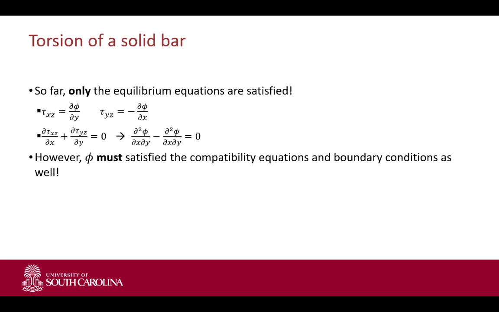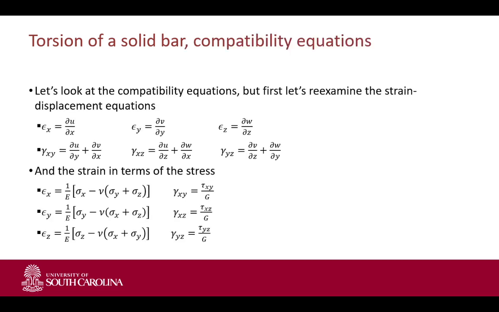So we get basically the same thing as what we had for the Airy stress function, but applied to torsion. And to do so, we can look back to our compatibility equation, our stresses and strains. If we look back at our strains, for example, we know that strain in x is defined by the partial derivative of displacement u over partial x.